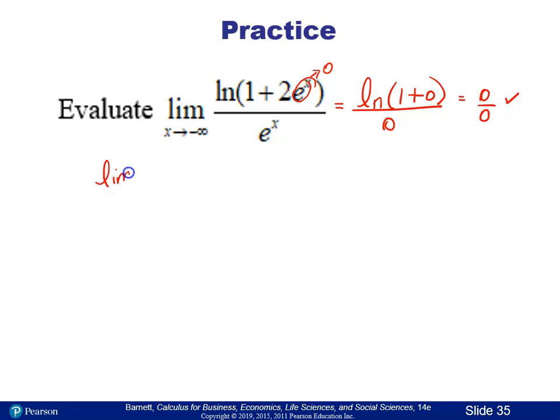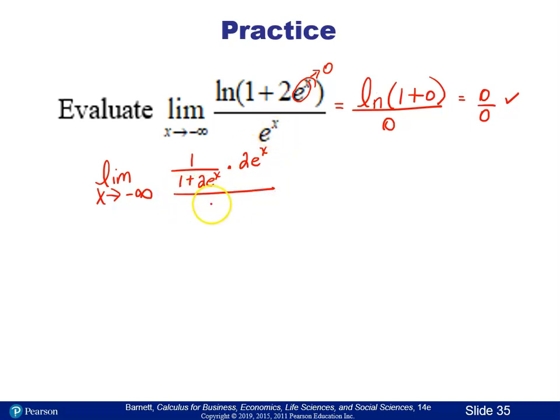So the limit as x goes to negative infinity, we're going to take the derivative of this. So that's going to be 1 over 1 plus 2e to the x times the derivative of this. The derivative of 1 is 0. The derivative of this is going to be 2e to the x.